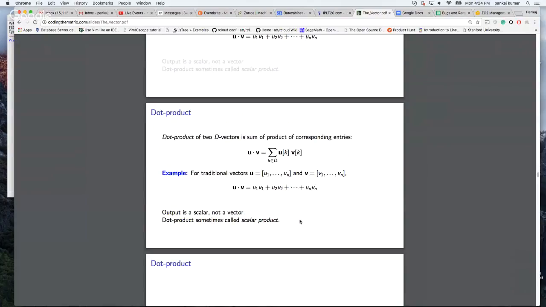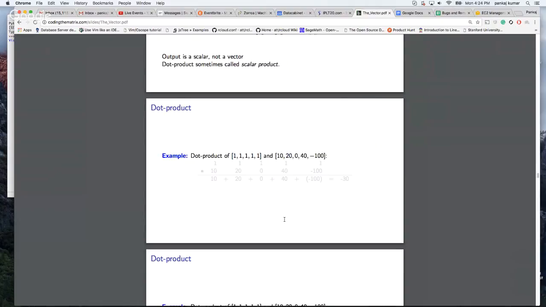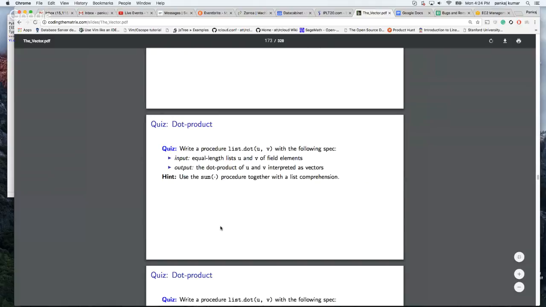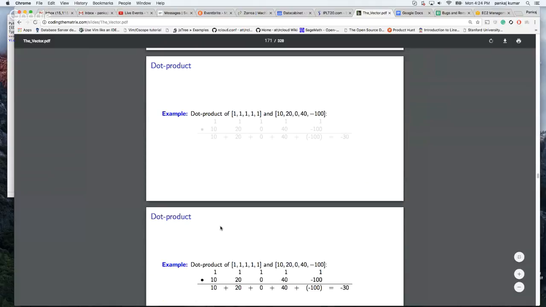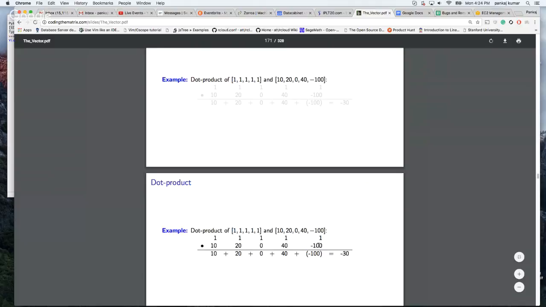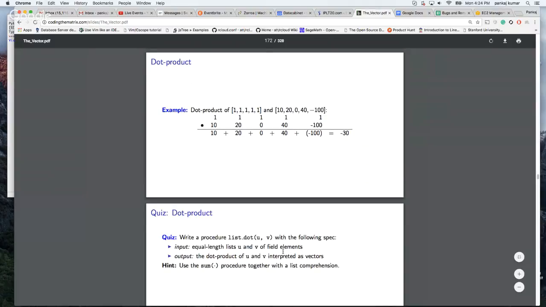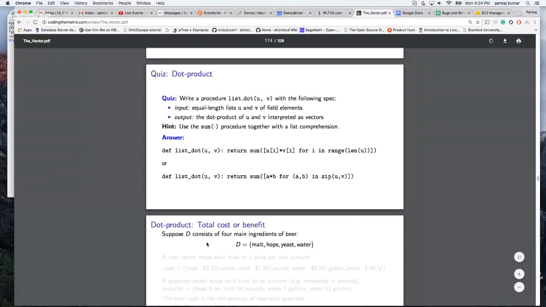Dot product is also called scalar product. So something like this, 1, 1, 1 and this vector, if you do a dot product, it comes out to be minus 30, because 40 plus 20 plus 10 is 70, minus 100 is minus 30. So this you will do in the notebook.